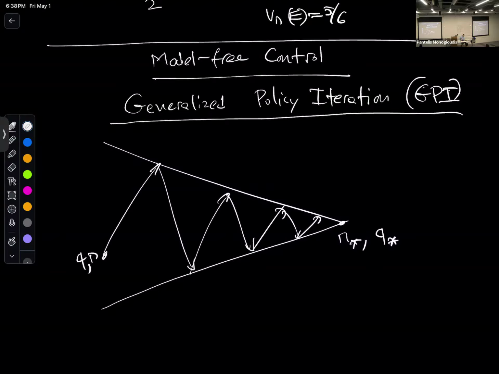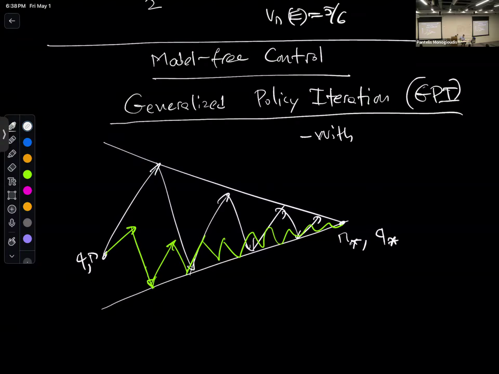Now, I'm going to change the color a little bit. I don't need to reach all the way to the line where I have an exact evaluation, and I can still converge. That was the premise. However, this is now even more approximate. In what sense? Let me write it down.